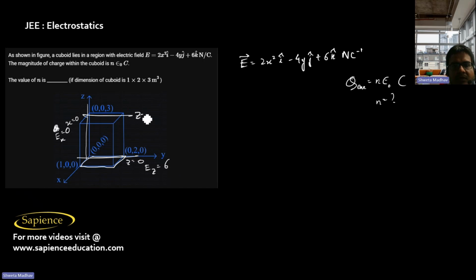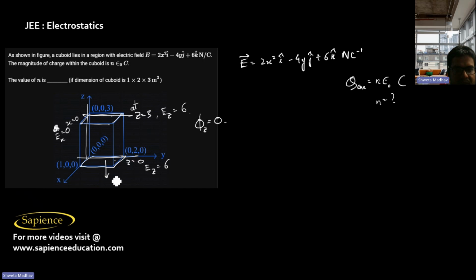And at z equal to 3 also, for this plane, the z component of the electric field is 6. So it is a constant electric field, so the flux through this surface and through this surface, if we add phi z, will be 0 only, since the electric field is constant.